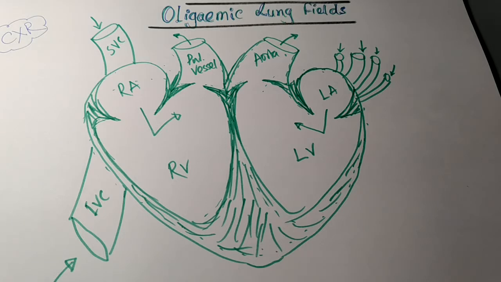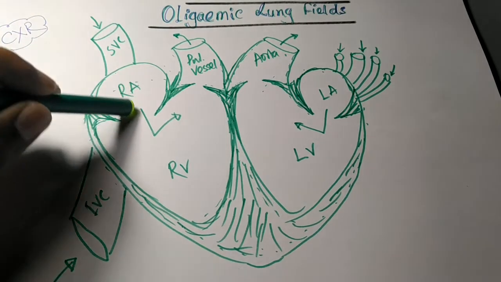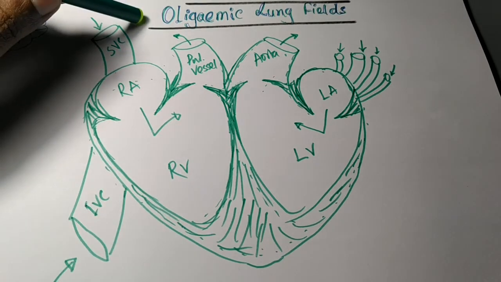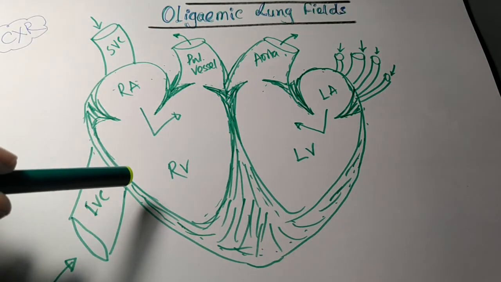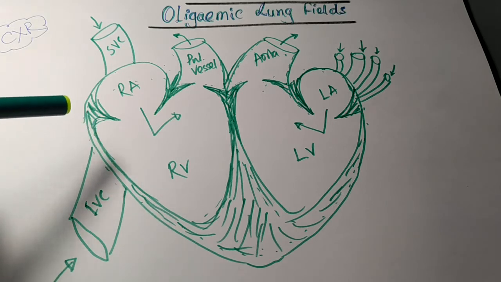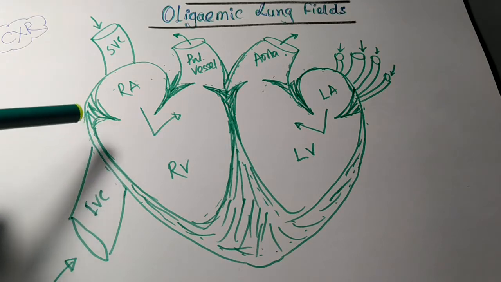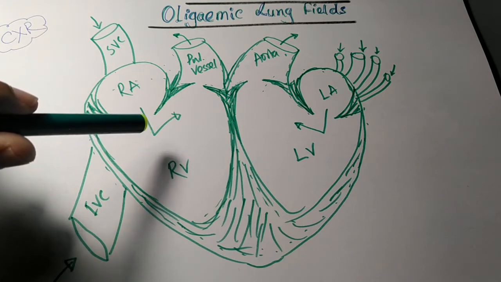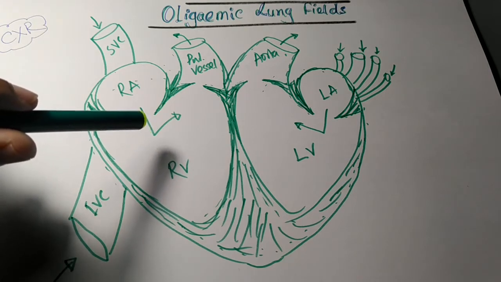For our easy understanding, if blood passing through the right side of the heart into the pulmonary bed is decreased, then the blood vessels in the pulmonary bed will be less prominent, and if the blood passing through the right side of the heart is increased, then the blood vessels in the pulmonary bed will be more prominent.